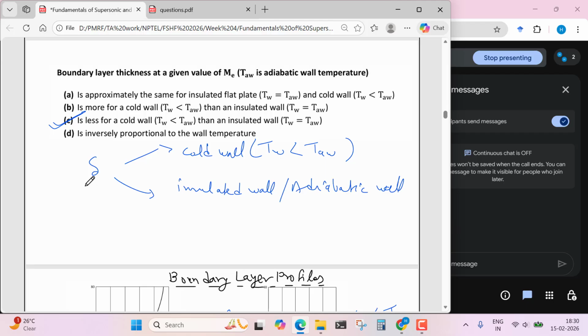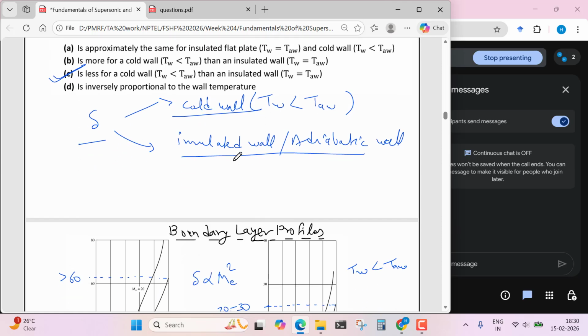So let us talk about boundary layer thickness delta for two kinds of wall, cold wall and insulated or adiabatic wall. For temperature of cold wall, T_W is always less than T_AW. So now we will see the two plots.